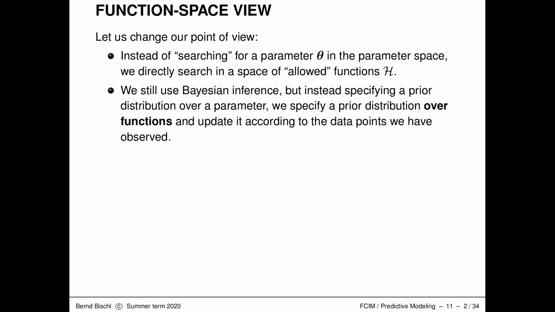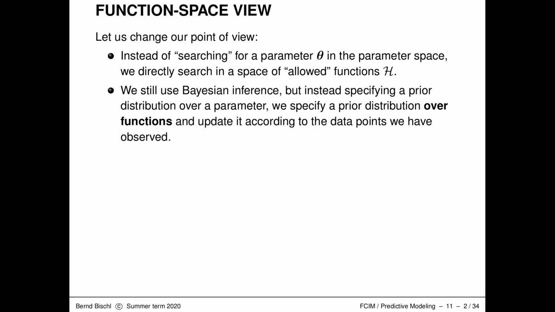So first of all, before I can even start doing that, I have to specify how distributions over functions look from a mathematical perspective. That's us discussing how we can specify these prior distributions.